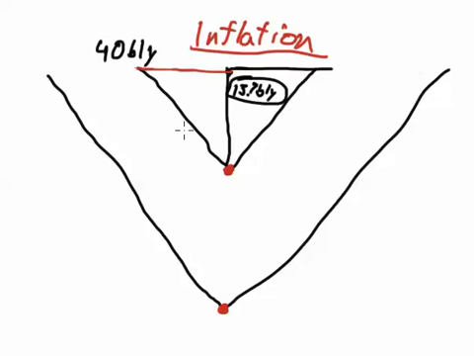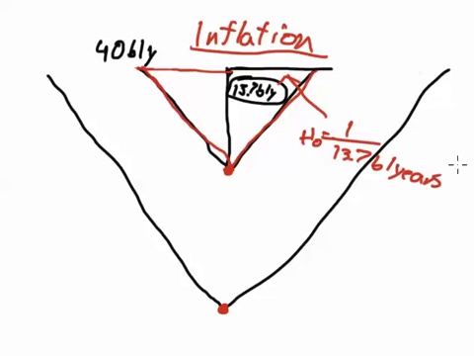One of them, the Hubble's constant involved with this, is 1 over h naught equals 1 divided by 13.7 billion years. And then there's going to be an outer Hubble constant, h1, equals 1 over 40 billion years.